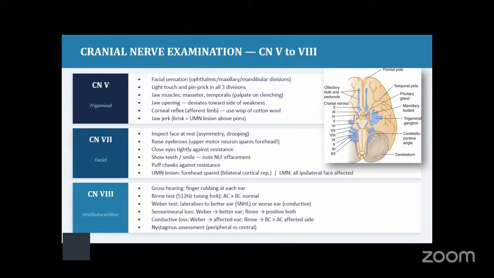But that is a very non-specific assessment. Rinne's test with a 512 tuning fork, you want to assess for air conduction versus bone conduction. Weber's test will be assessed using the tuning fork.